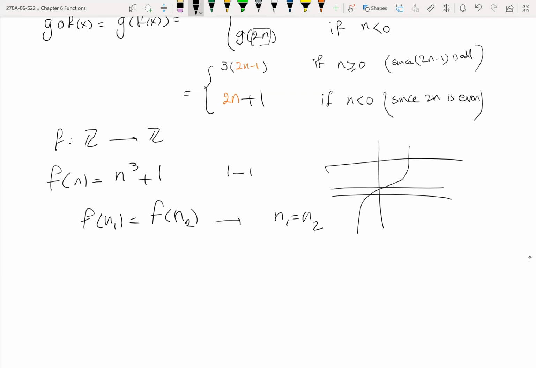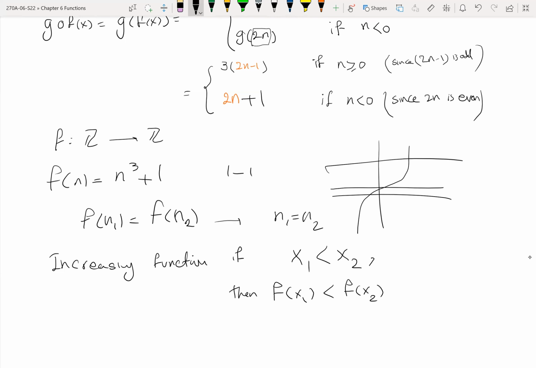So first of all, I have to remind you what an increasing and decreasing function is. If you start with, let's say, x1 is less than x2, and you apply f to both sides, then this is an increasing function. So if you have x1 less than x2, then the values are following: as your x's are increasing, your y's are also increasing.